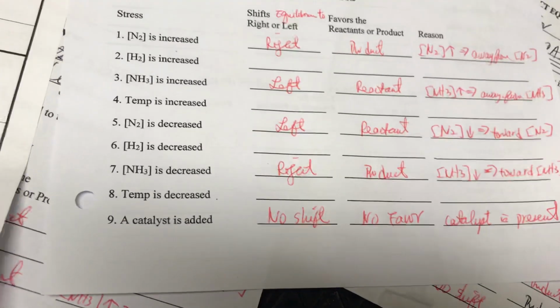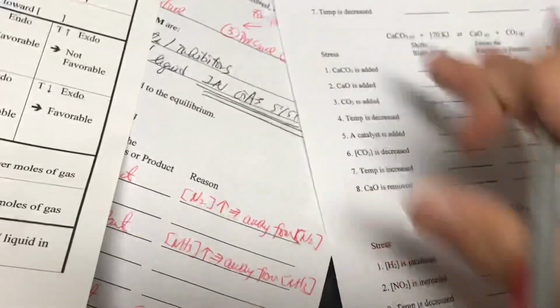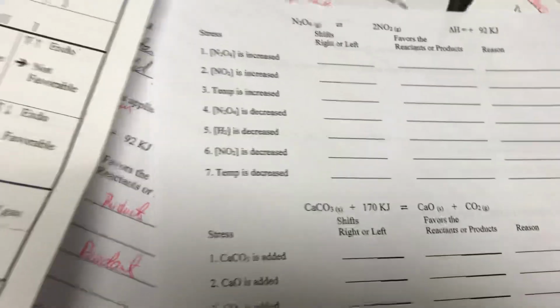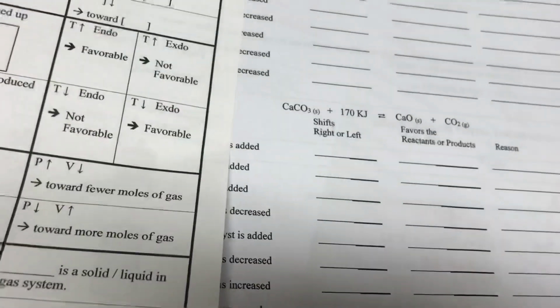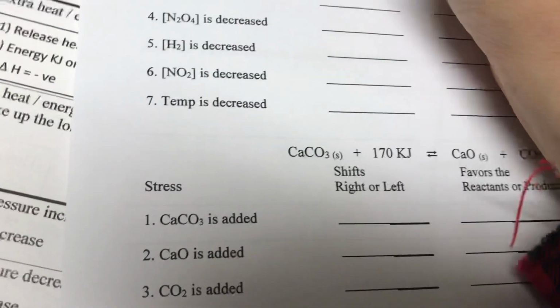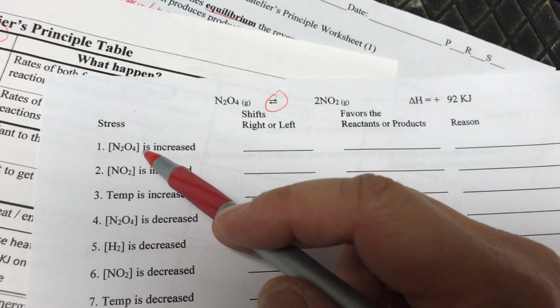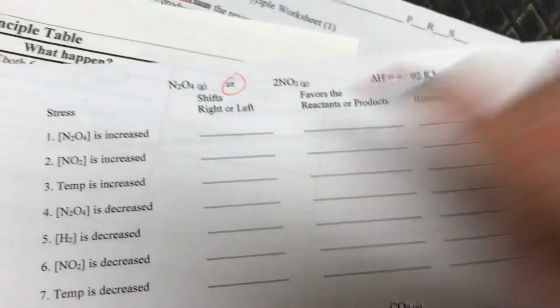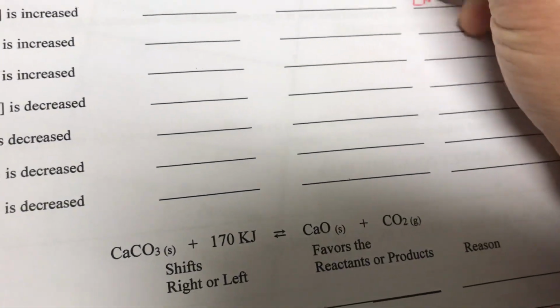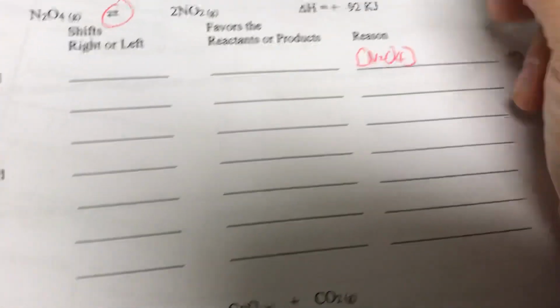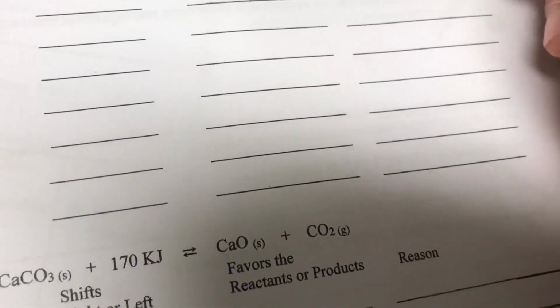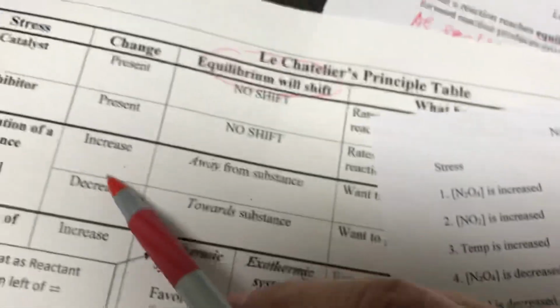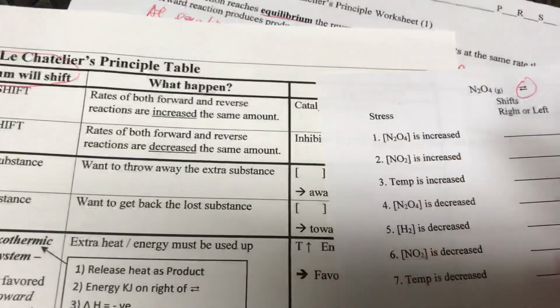Got it? Now let me go to the back. I'm going to do a few more. Let's say this is equilibrium. N2O4 is increased. So if I increase N2O4, I want to stay away from it because I want to throw that away.